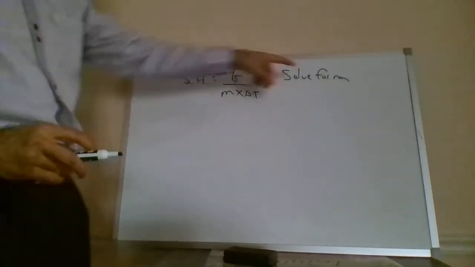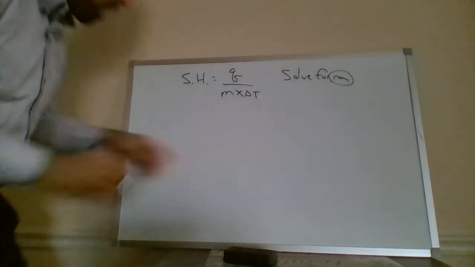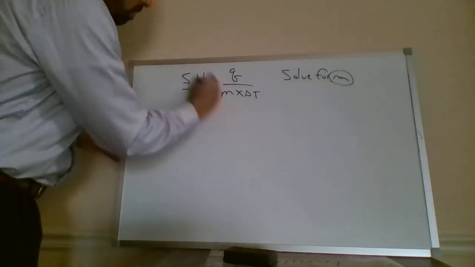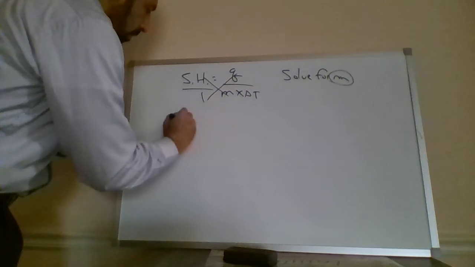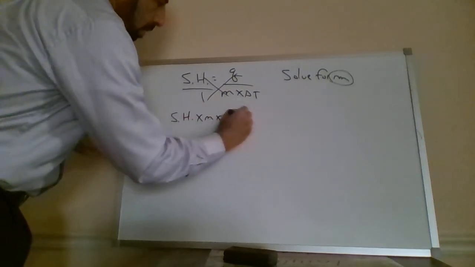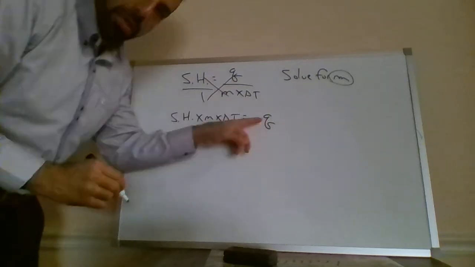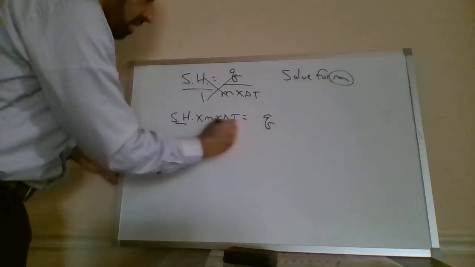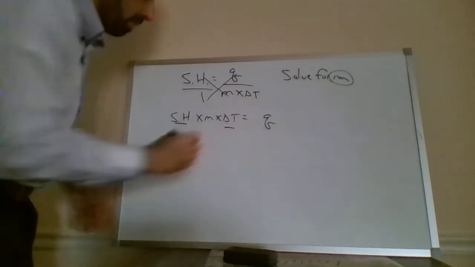So what we're going to do now is solve for M. We have the equation. We're going to solve for mass. The quick way to do that is I'm going to cross multiply. So I'm just going to cross multiply. That's equal to Q. And then I'm going to bring specific heat and change in temperature over as a denominator.